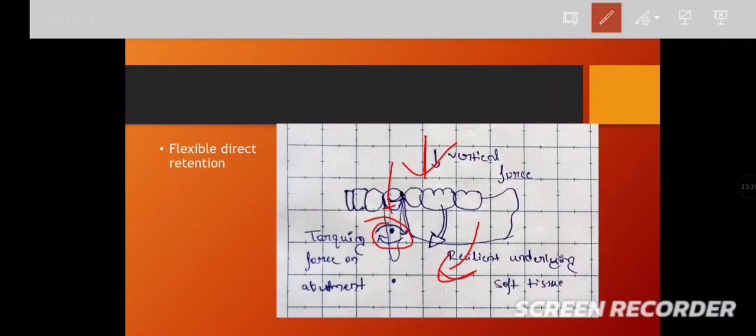Hence, in that case, we should use a flexible direct retention so that when there is an application of force, it will get dislodged from the undercut and allow the prosthesis to get compressed and then come back to the normal position or its original position. This leads to decreased force application on the abutment.